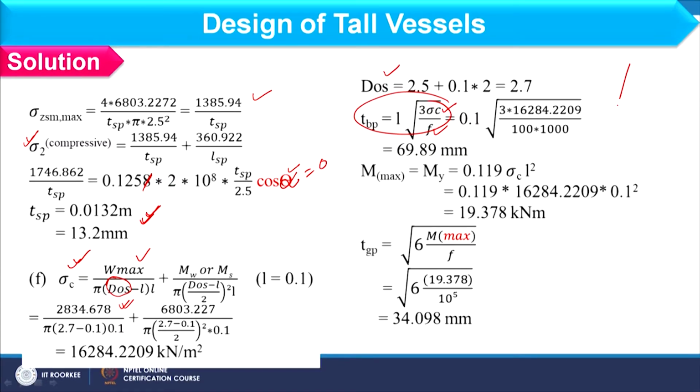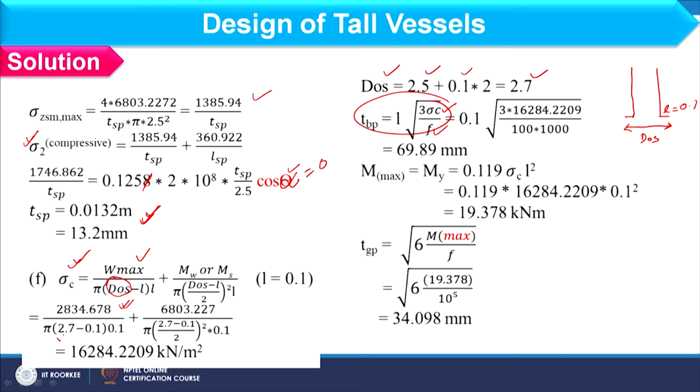Further, if you see, DOS is basically, if this is the support, okay, we can have bearing plate at the bottom, and width of the bearing plate L is given as 0.1. So, this value we can consider as DOS, and that should be 2.5 plus 0.1 into 2. So, 2.7 we can obtain like this.